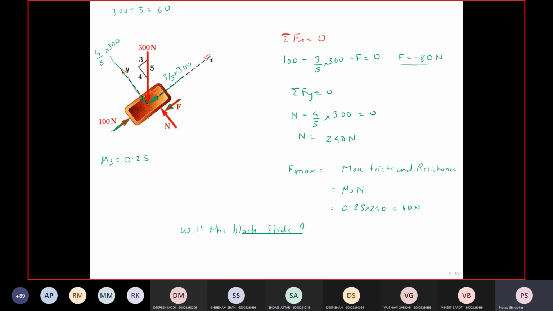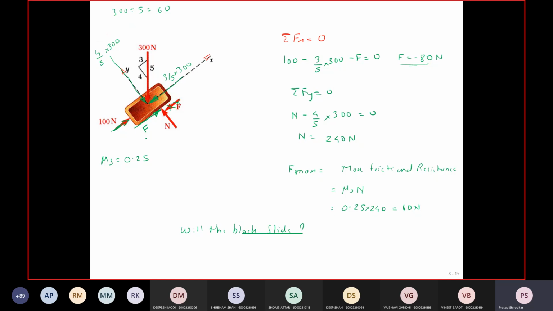The actual direction of f will be upward.